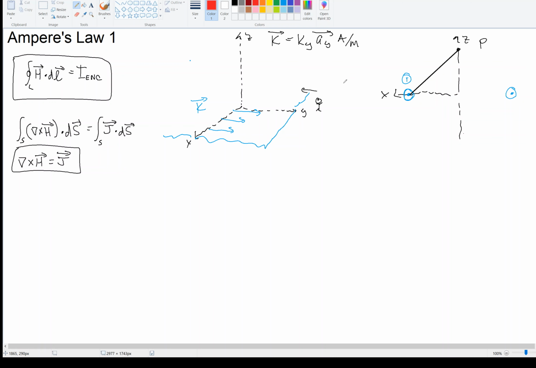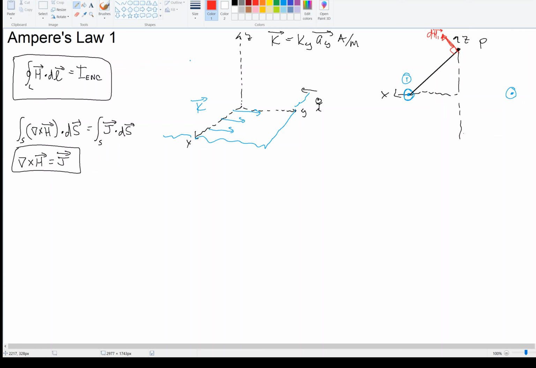So the magnetic field is circulating right here, and so at point P, it's directed this way. So this would be dH1. The direction of that is going to be perpendicular, right? I'm calling it d, like an incremental, because we're only considering an incremental piece of the sheet, one fine line of the sheet.